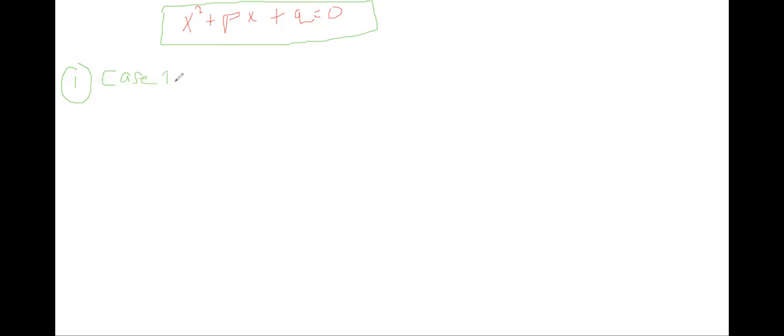In case one, sometimes you'll have what? A missing linear term. What I mean by this is that sometimes you have a case whereby the linear term will be missing, in other words, when p equals 0.